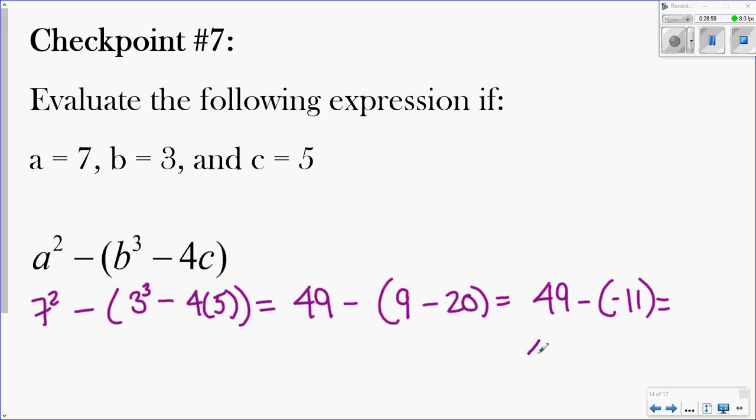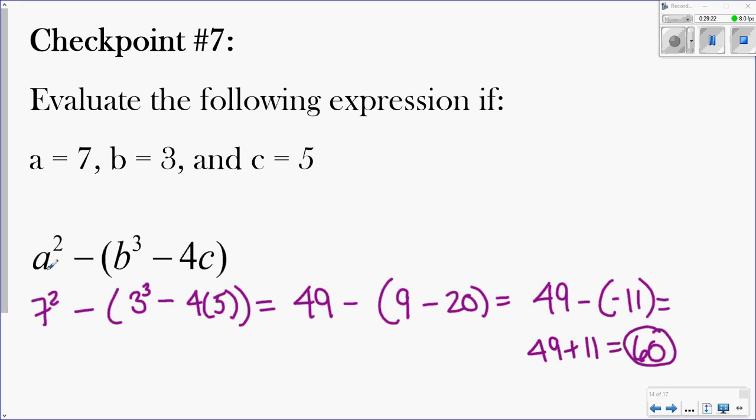So I'll put it underneath here. So then that we will have 60 for that one. All right. Circle that.